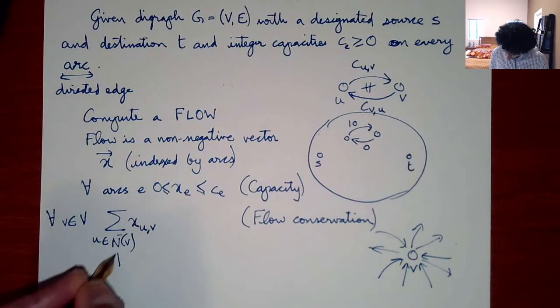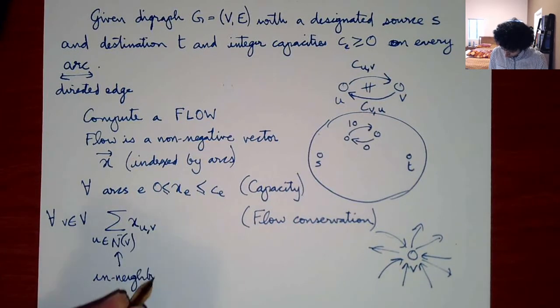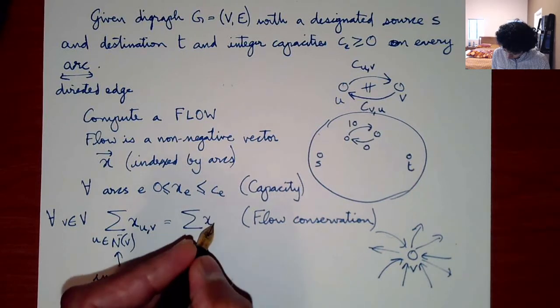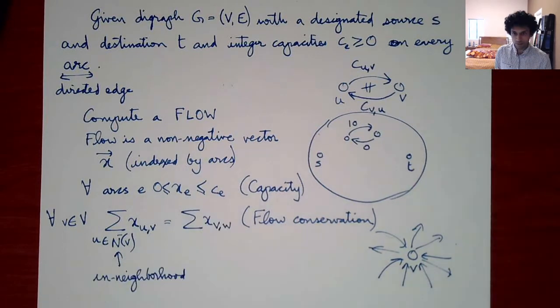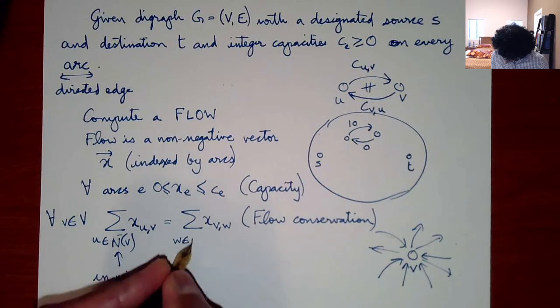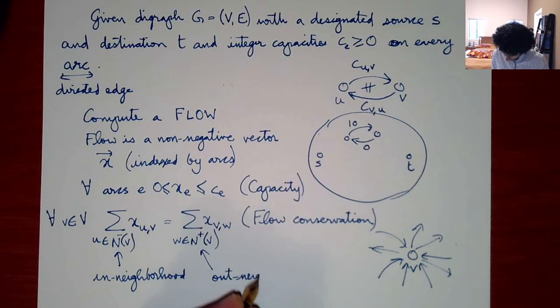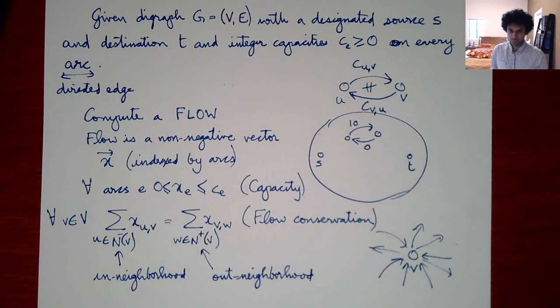So I'll use this for in neighborhood, is equal to the flow that is leaving, and I'll just call it W. This is the out neighborhood. Okay, so this is flow conservation.